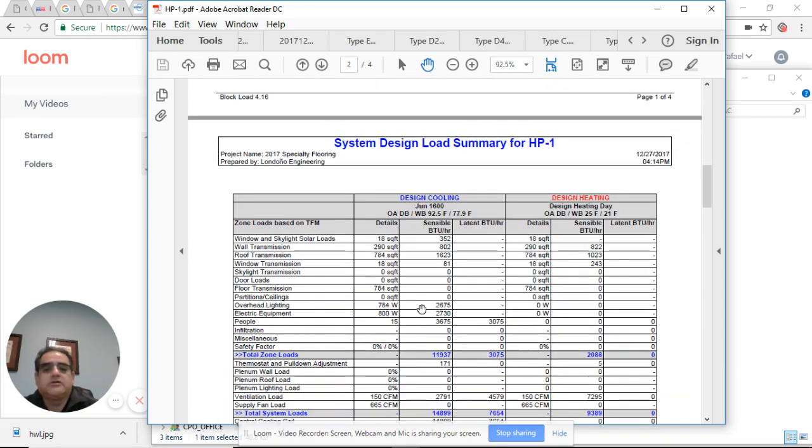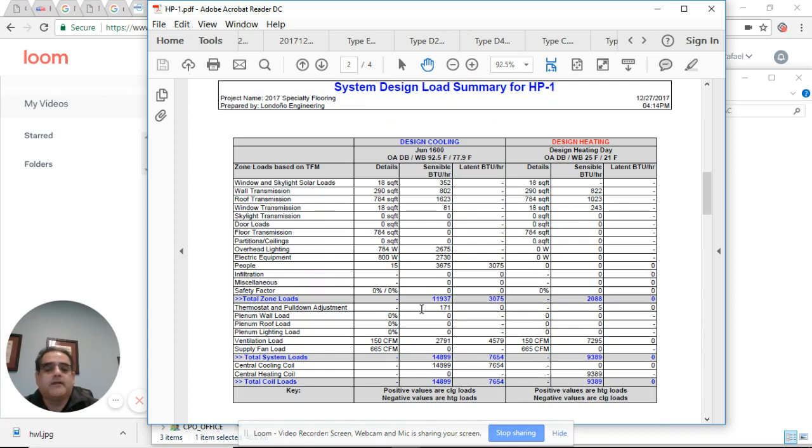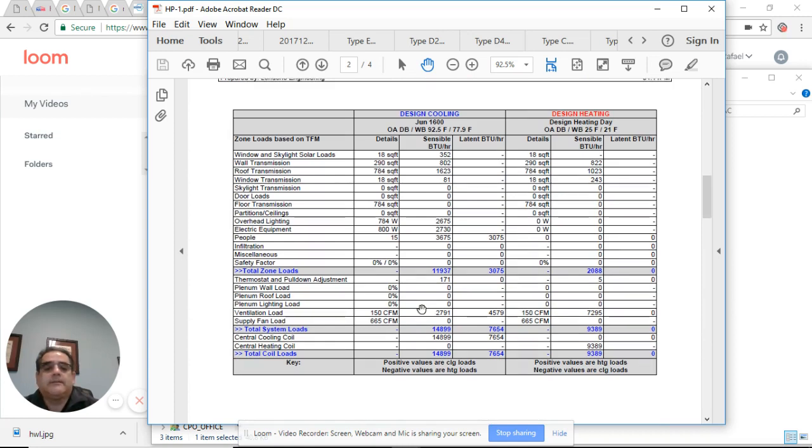Now, how the loads are distributed, what happens? We measure heat in BTUs, British thermal units per hour. The load from the window and skylight, 352 BTUs. The wall transmission, 808. And what I was saying earlier, we have one type of wall that works for just about everything.